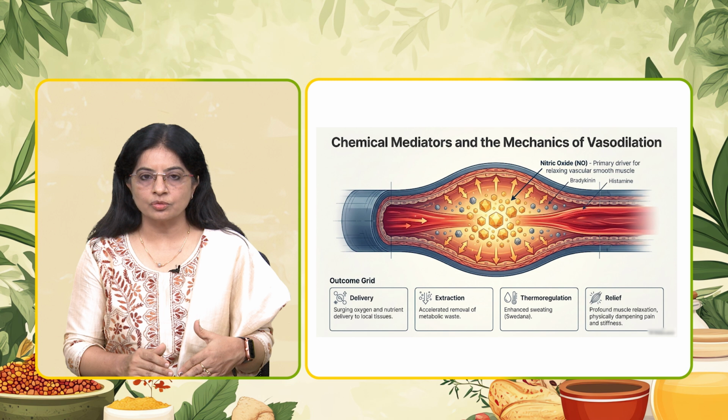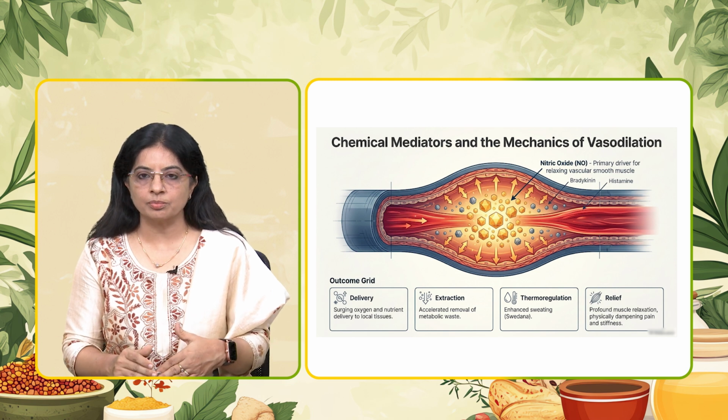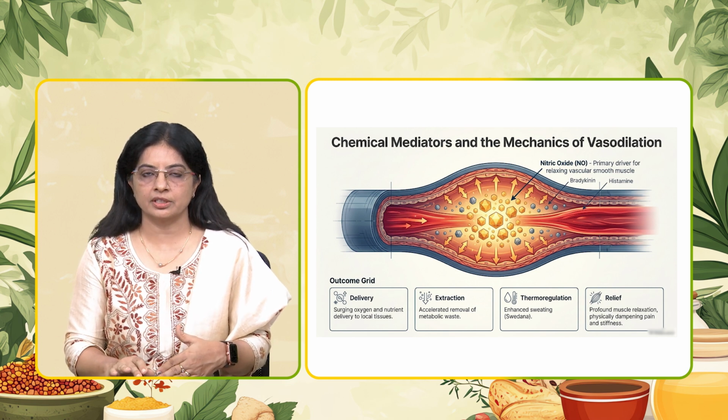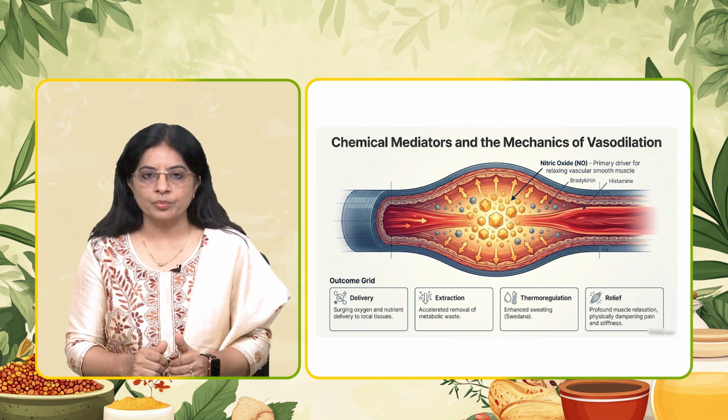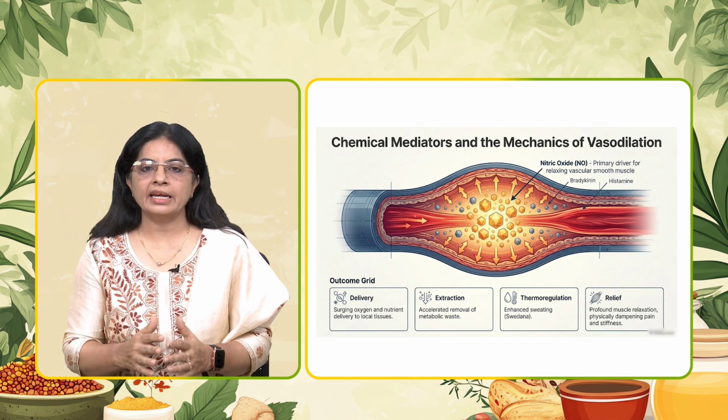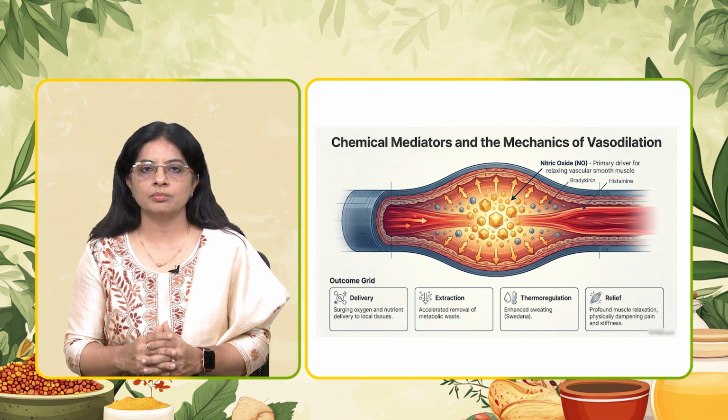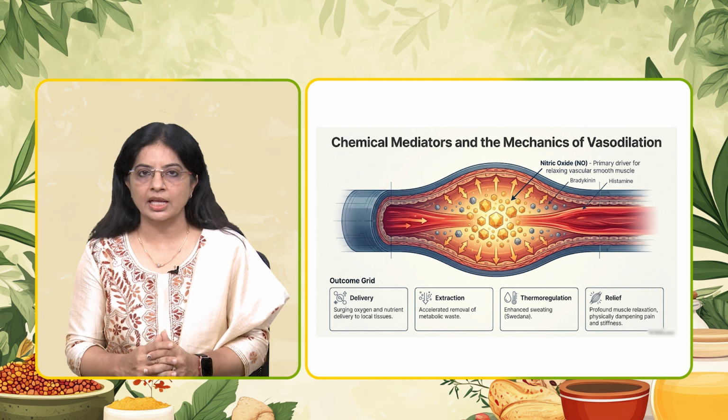Because of this vasodilatation, cutaneous blood flow increases significantly, which results in clinical effects like improved oxygen and nutrient delivery to the tissue, removal of metabolic waste, enhanced sweating and finally muscle relaxation, which helps in reducing pain and stiffness.